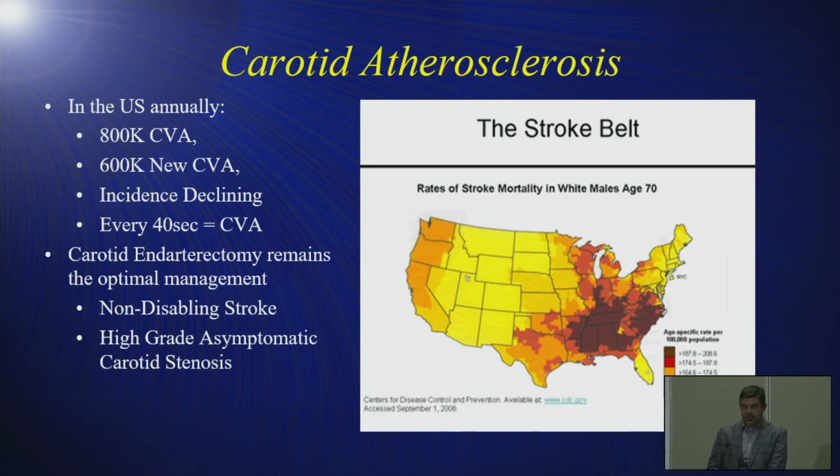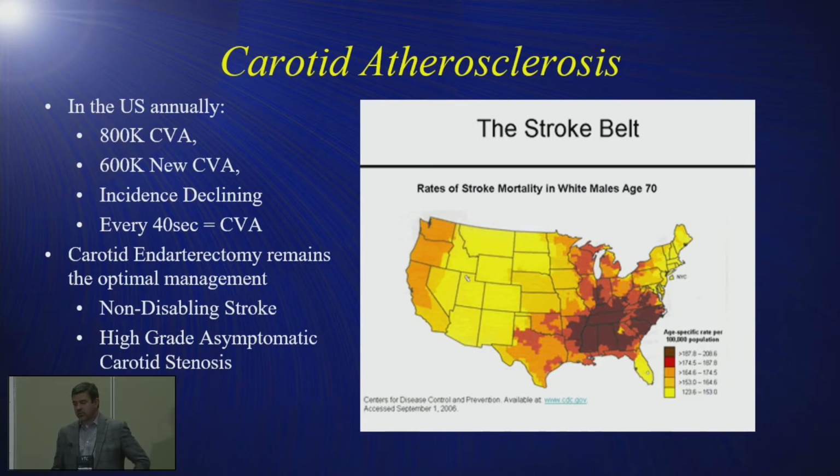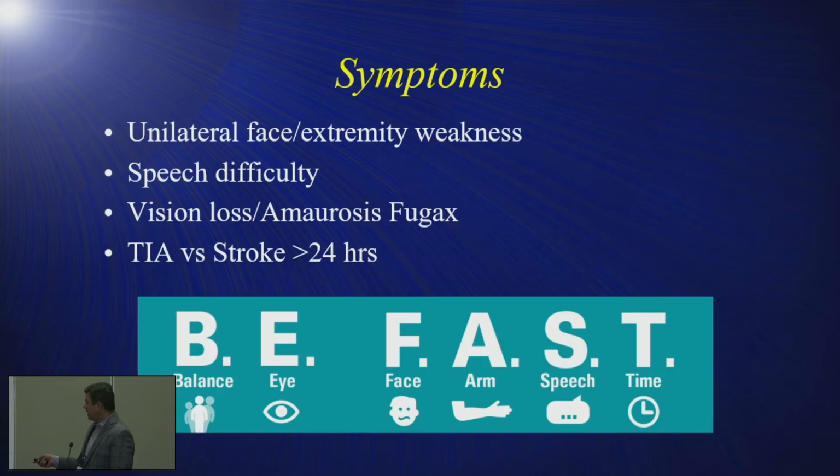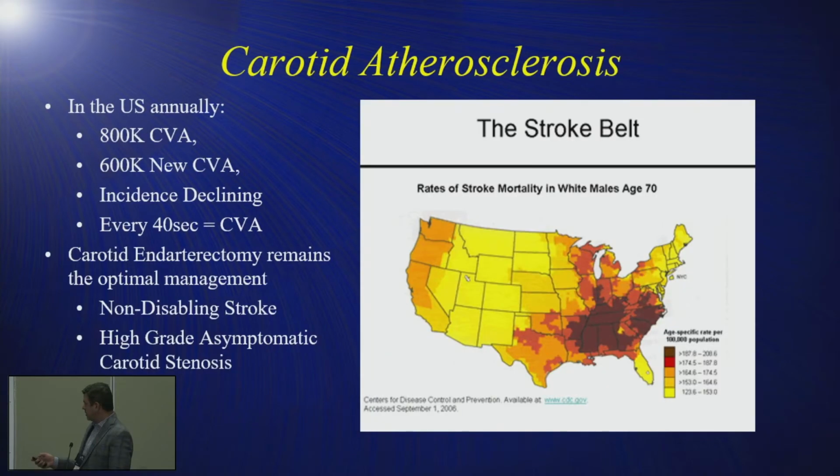Carotid endarterectomy is the optimal treatment management strategy for high-grade non-disabling stroke patients with symptomatic disease, and then high-grade asymptomatic carotid stenosis. And if you look at the map, just look at where Tennessee is. It's right in the middle of the zone where the stroke belt is.